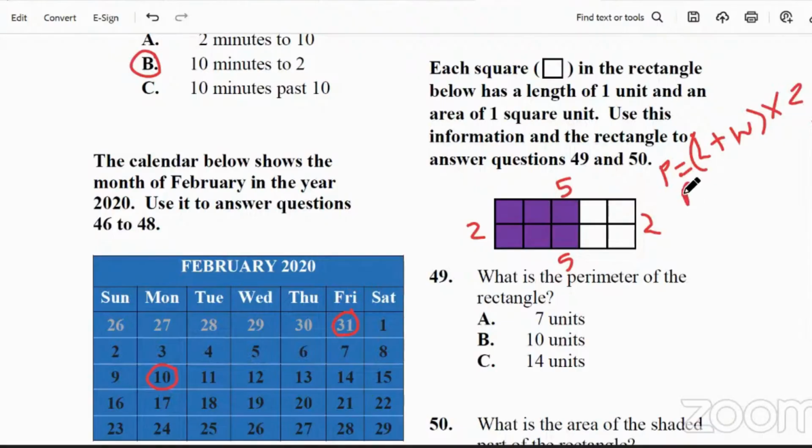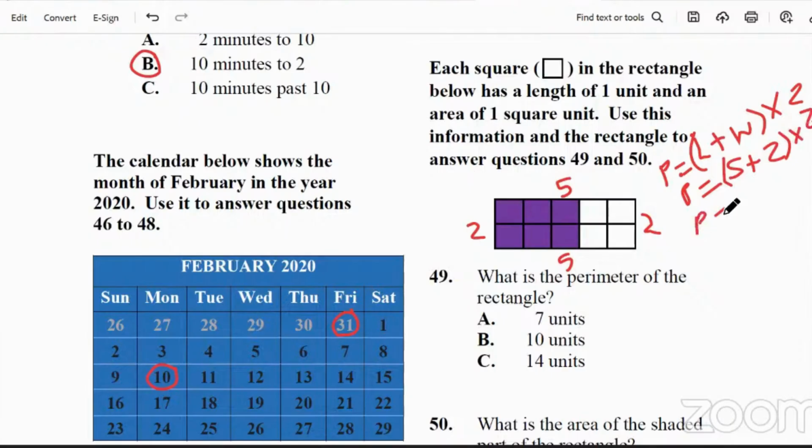So the perimeter, P, would be equal to 5 plus 2, times 2.